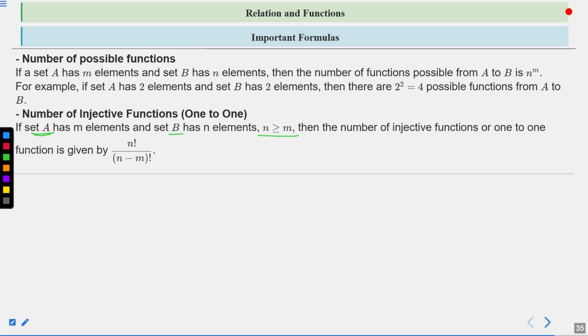Then we can easily find out the number of injective functions or 1-1 functions from A to B as n factorial by (n minus m) factorial. If you are curious about this formula, it simply comes from the permutation and combination concept. Here we are not going to discuss that. For now, just memorize this, as in exams this is very important.